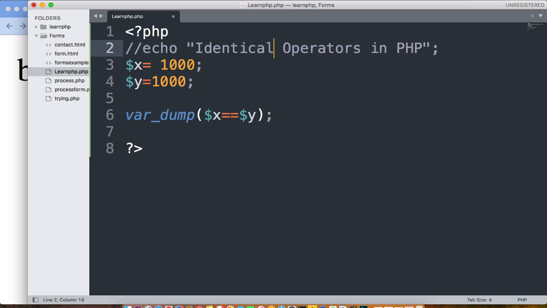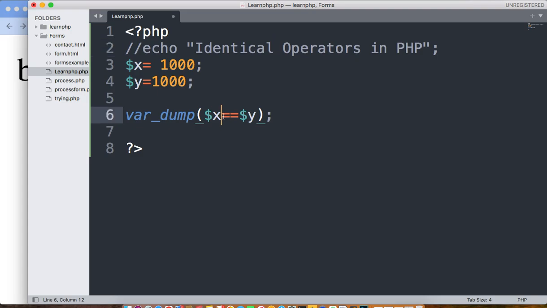This one returns true if the value of x is equal to that of y and they are of the same data type. If both are of the same data type, then it's going to return true.